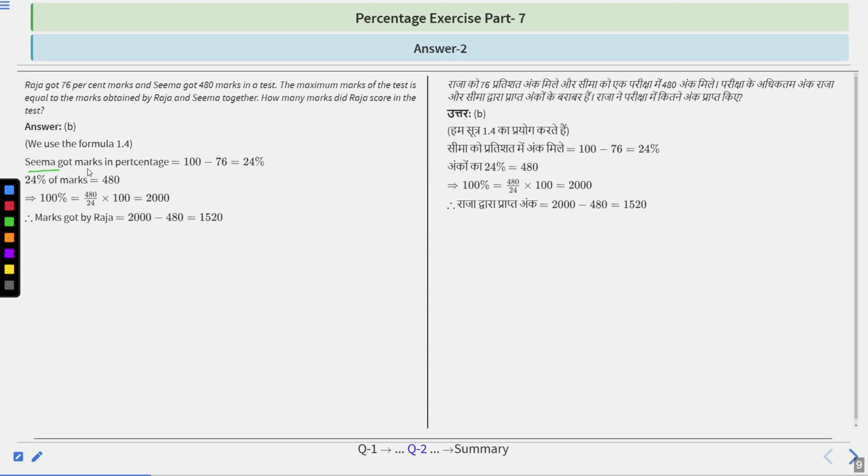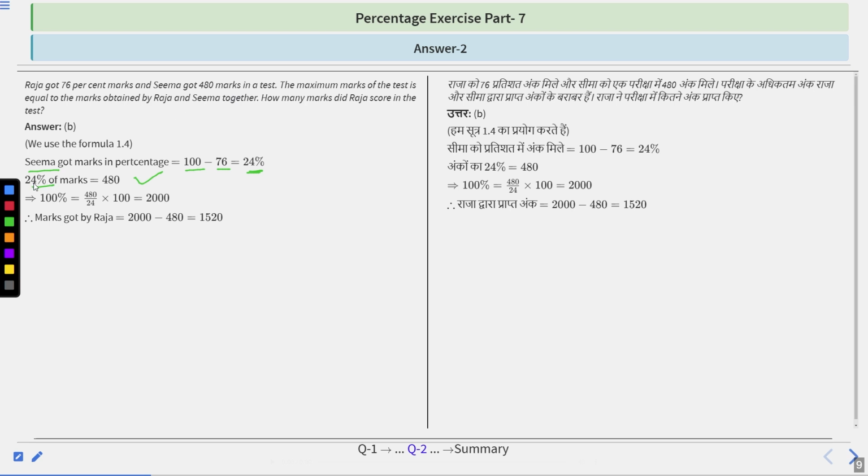Seema's marks in percentage will be 100 minus 76, which is 24. Clear? And it is given that 24% marks is equal to 480, because the question says Raja got 76% marks and Seema got 480 marks in a test. Clear?